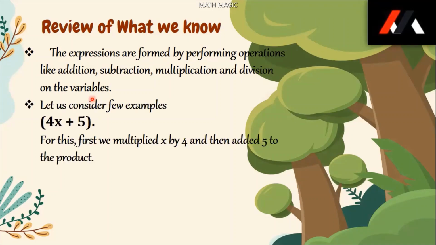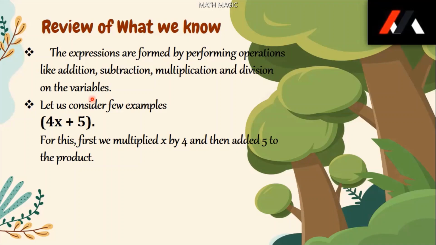4x plus 5. This is an expression because it does not have an equal to sign. If this expression had an equal to sign, it would have been converted to an equation. For this, first we multiply x by 4 and then add 5 to the product.